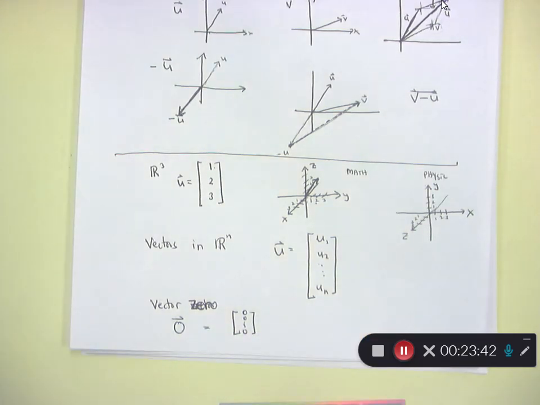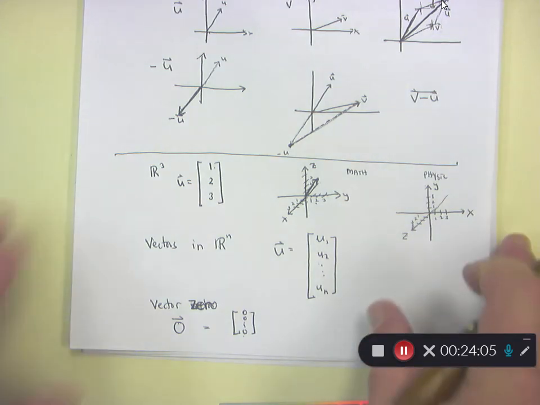If you draw the 0 vector, what you're talking about here is basically a dot at the origin, because it's got basically no magnitude. The square root of 0 squared plus 0 squared all the way down is still going to be 0.